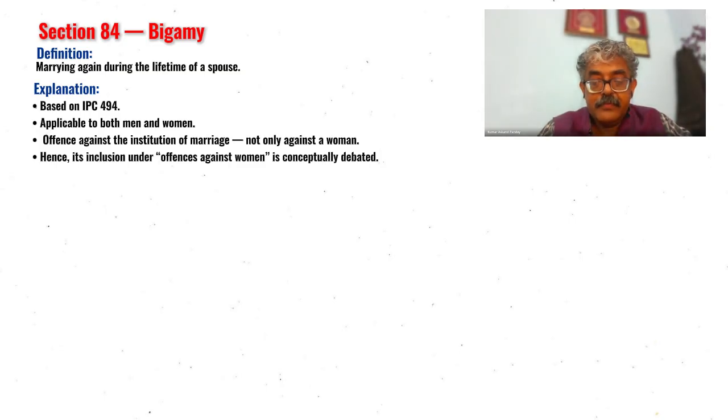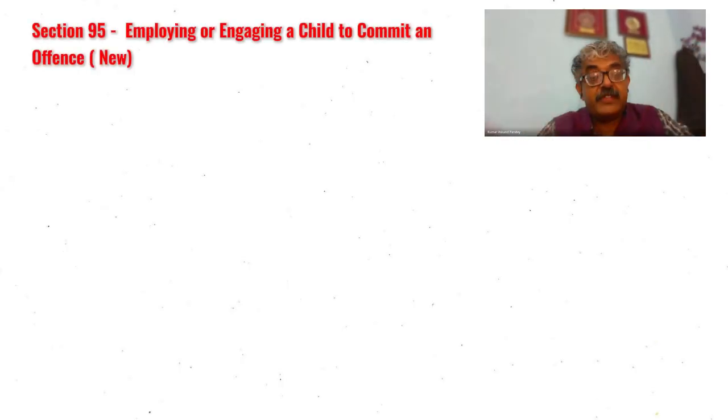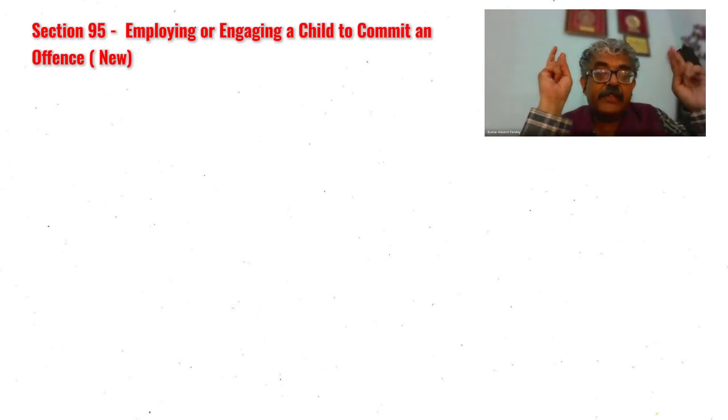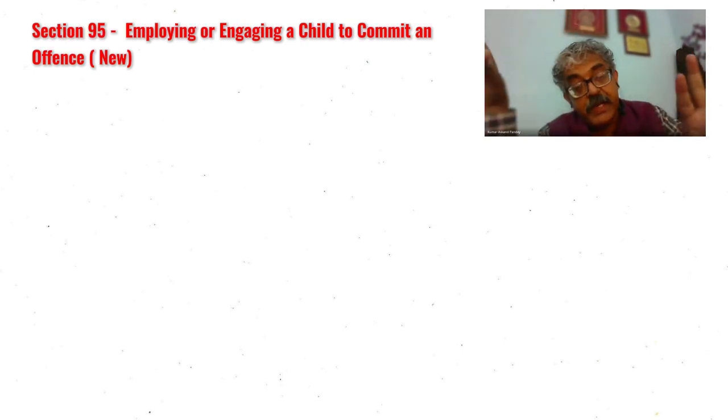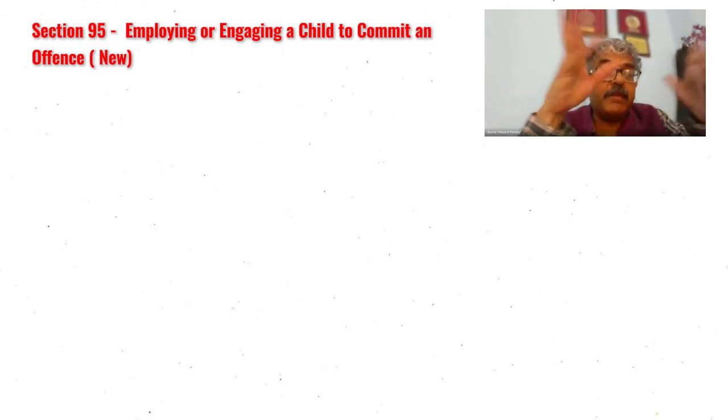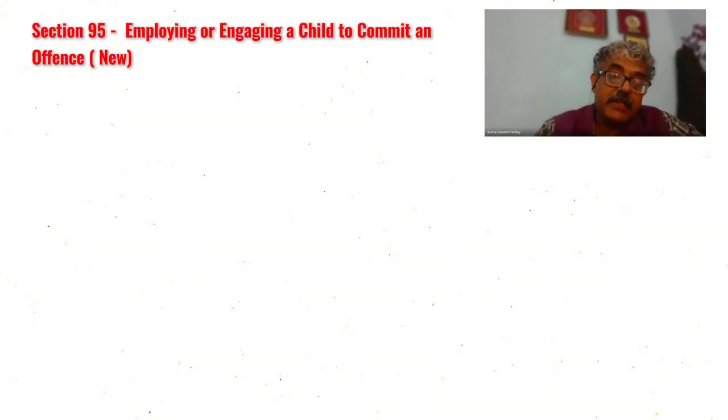Then in the same chapter, that is chapter 5 of Bharatiya Nyaya Sanhita, you have several offenses against children, which were previously under a different chapter, majorly under the chapter titled Offense Against Human Body. That chapter still remains. But this sequencing, this placement also raises several concerns. If I ask you today, don't you think that kidnapping from lawful guardianship is an offense against a child?